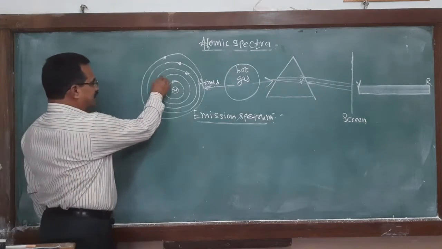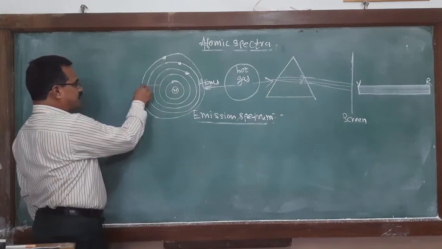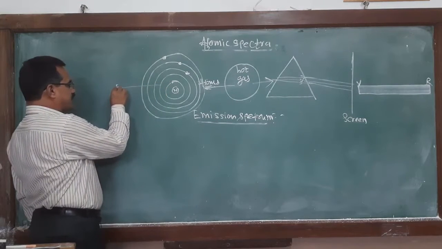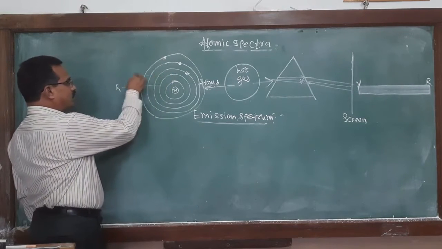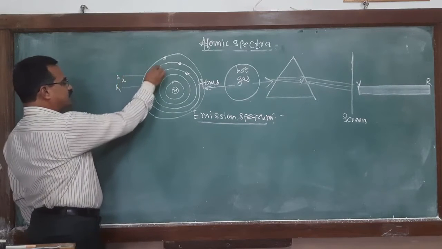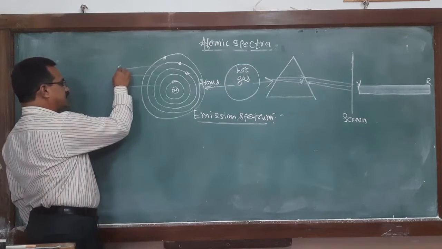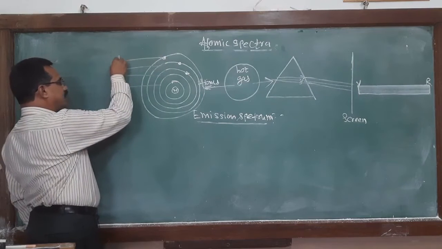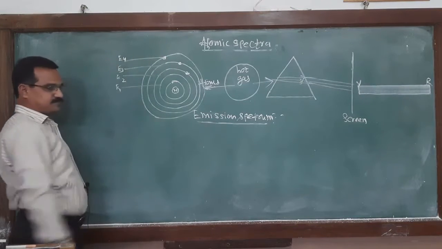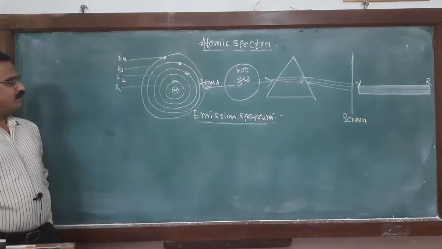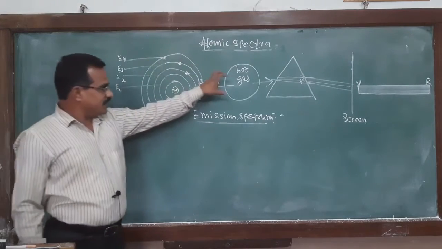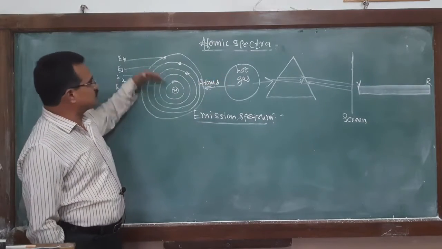For the first orbit, the energy level is E1, second orbit E2, third orbit E3, and fourth orbit E4. Due to excitation, the electron jumps to a higher orbit.